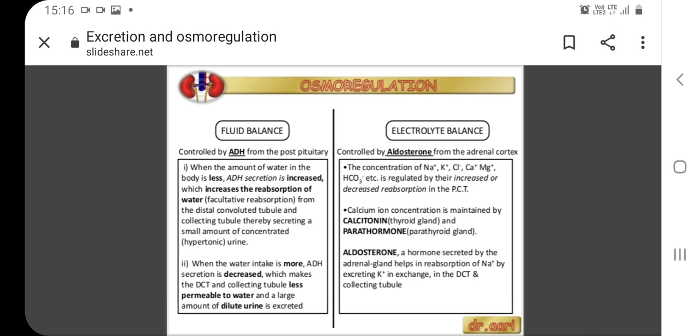The sodium ion is actively transported out of the filtrate, followed by chloride ion. The osmolarity is given in units of milliosmoles per liter.